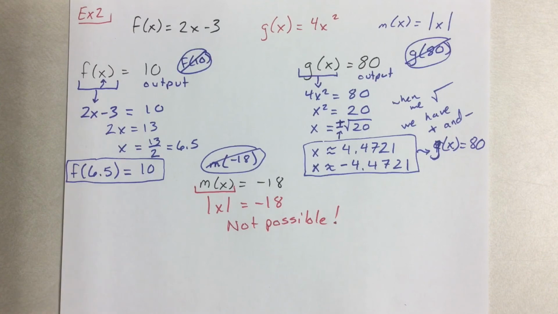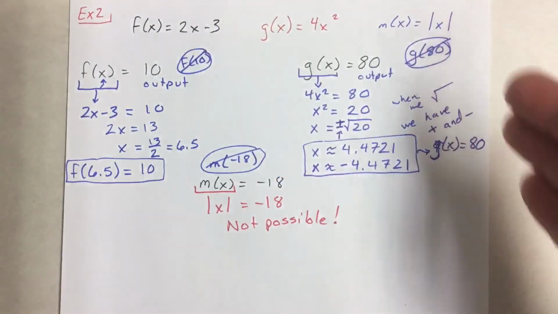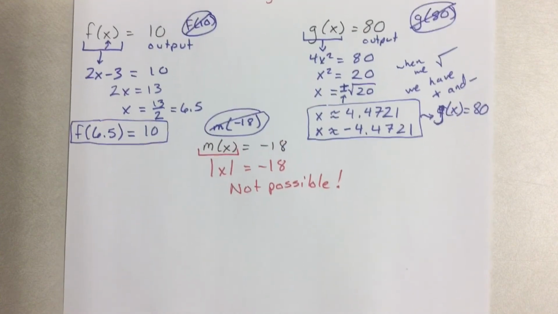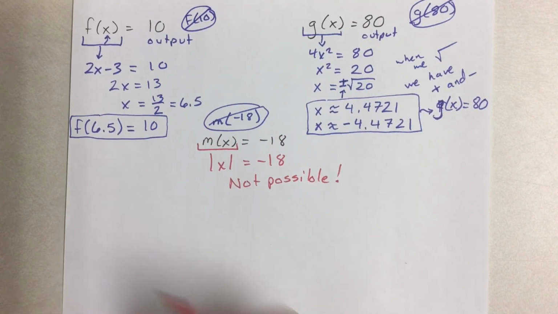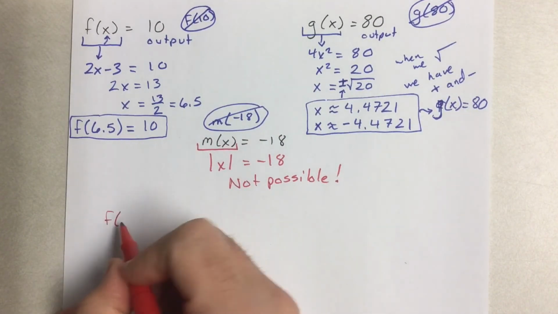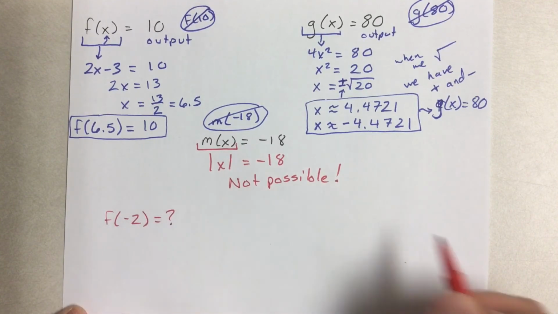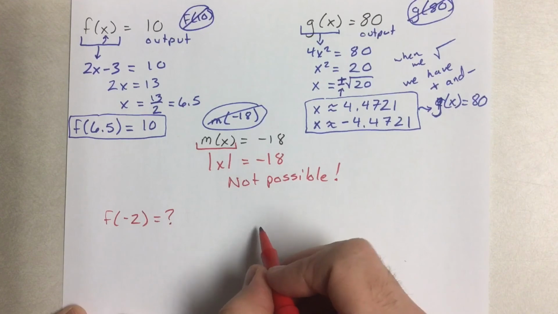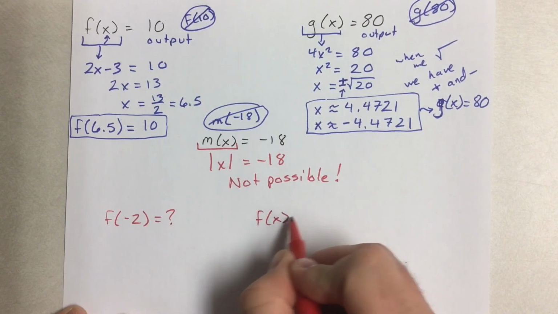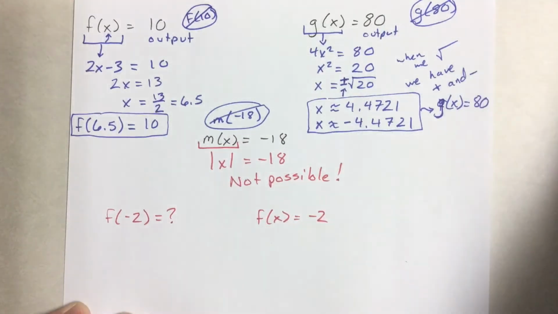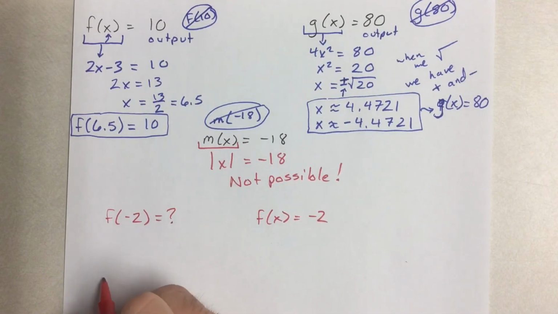All right, so to close up here, I want to have you guys try these set of examples again, using the same three functions as above. So let's say f of x equals negative 2. Let's imagine we have for a moment here g of 5.